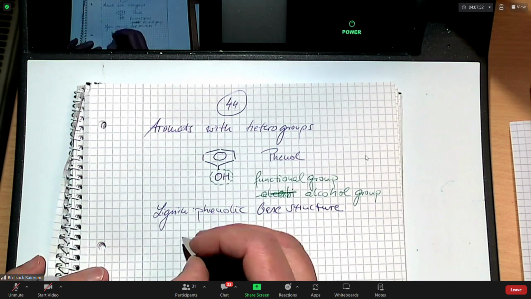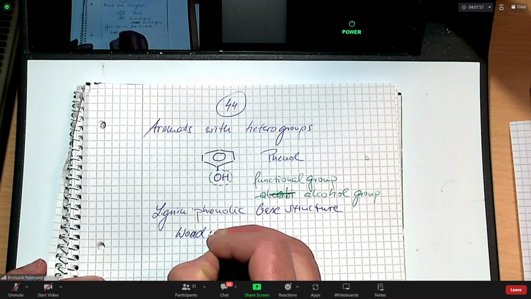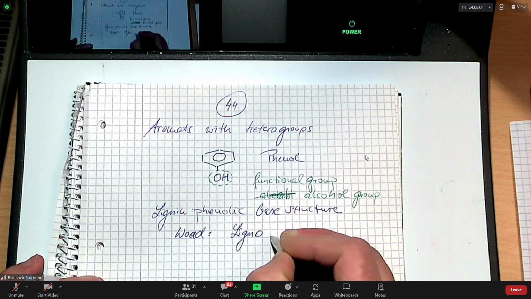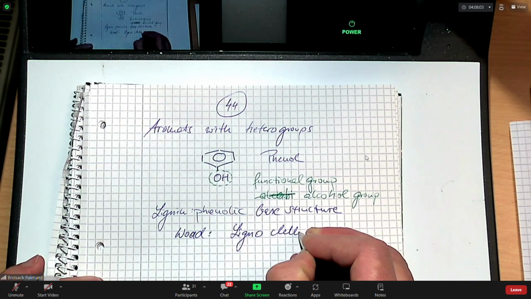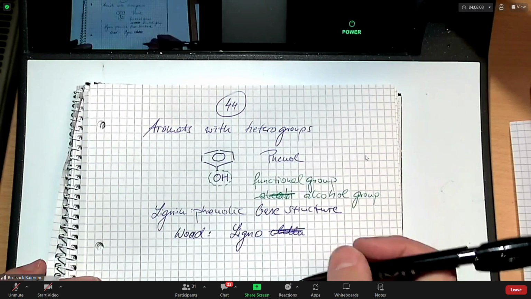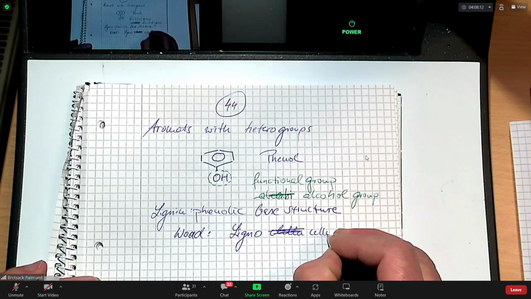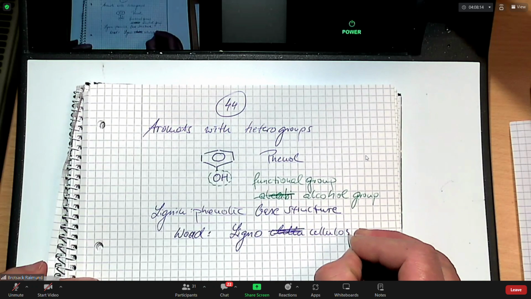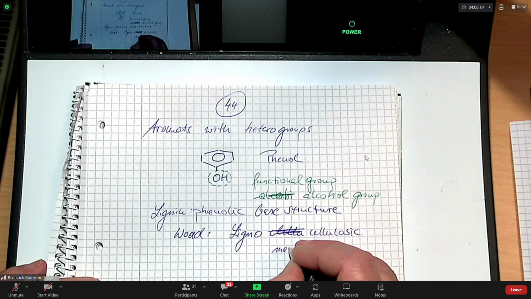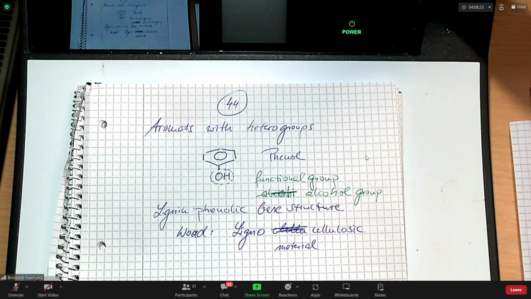So the wood, ligno... I'm not able to write anymore. Lignocellulosic material. That's a mixture of lignin and cellulose.